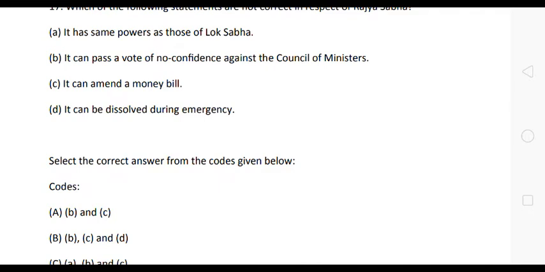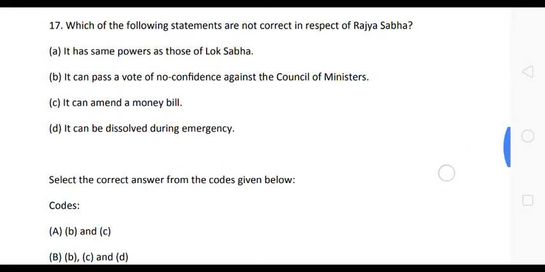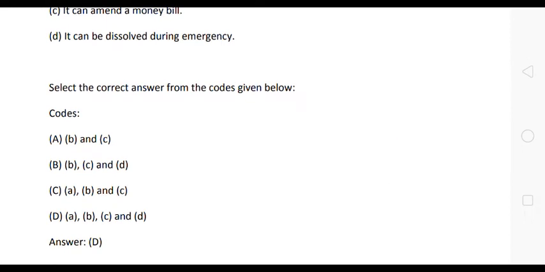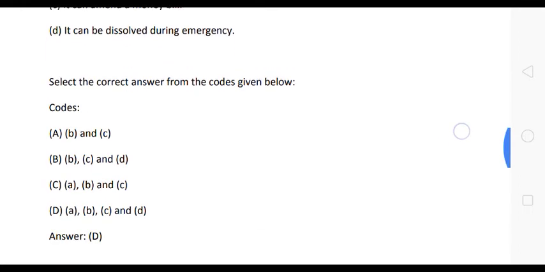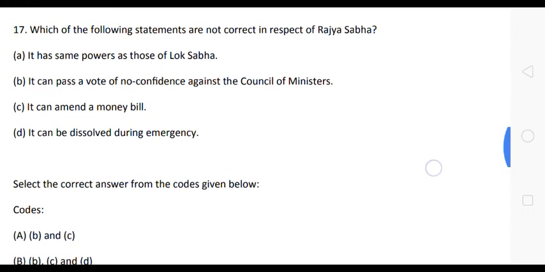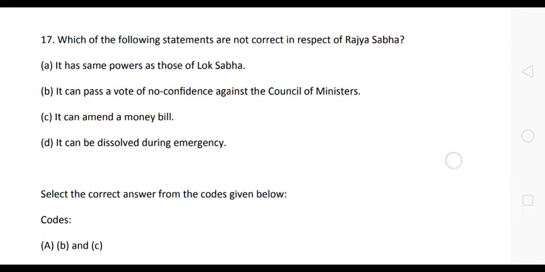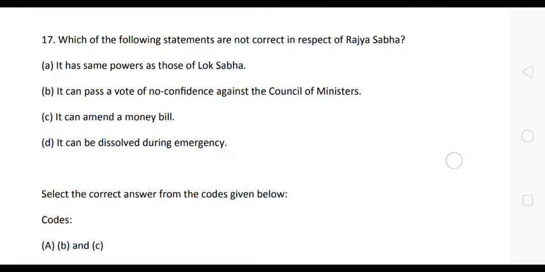Statement D, it can be dissolved during emergency. This is not true. So here option D, A, B, C, D. That means all the statements are not correct in respect of Rajya Sabha.